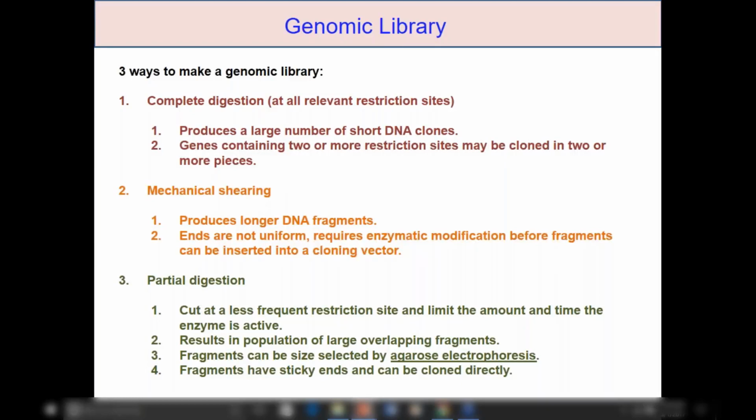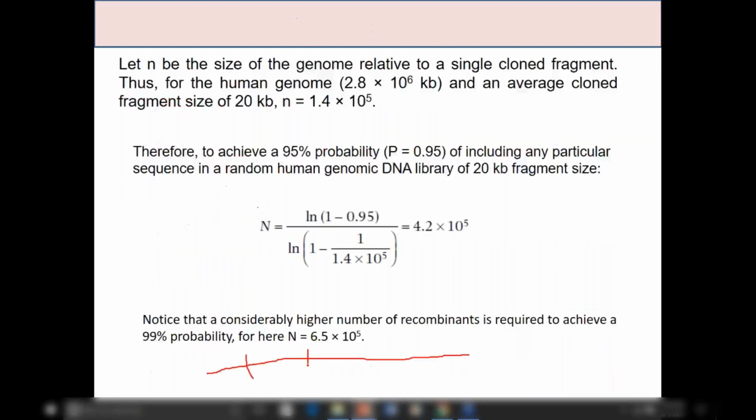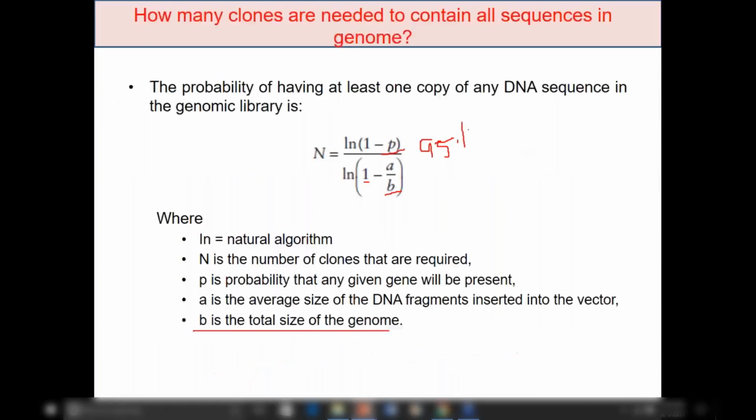Okay, this is the genomic sequence. I cut it into 4 pieces. Let us take 5 pieces: 1, 2, 3, 4, 5. Let me take one more, 6. Instead of asking how, why don't you calculate using this formula?